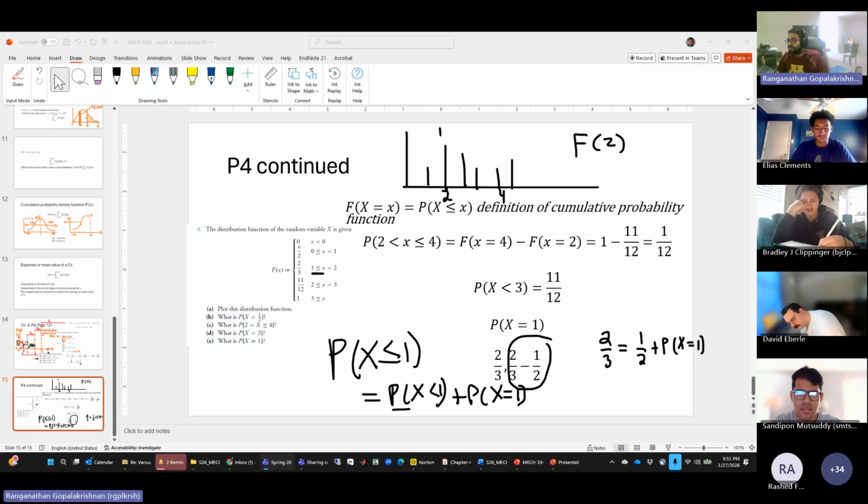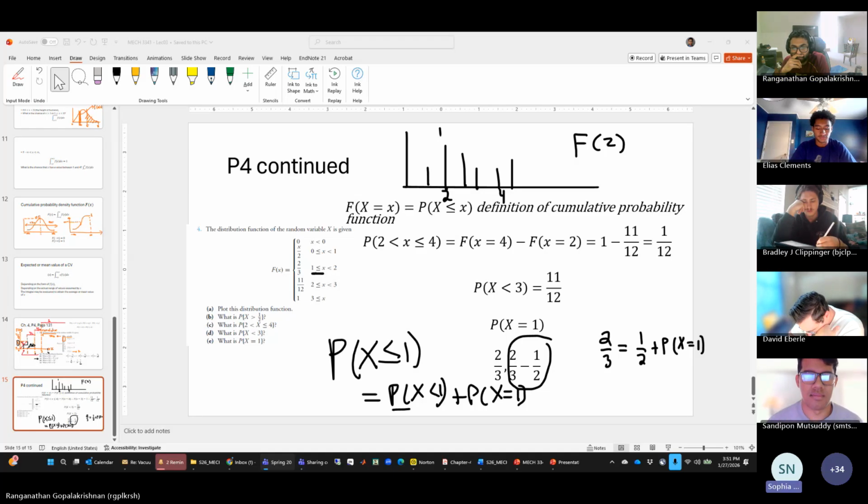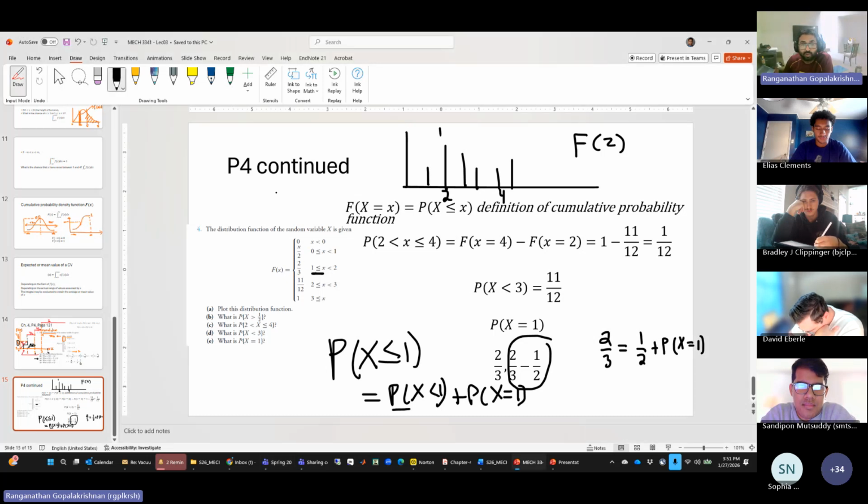I have a question. Yes, please. What if we wanted to find the probability of x equals 2? X equals 2 would be 11/12 minus 2/3. So the 2/3 includes the x over 2? If you look here, 2/3 doesn't include x equals 2. 2 is included in this interval.